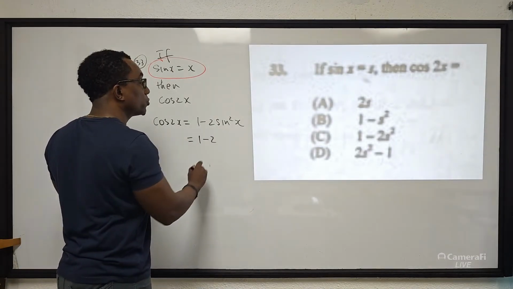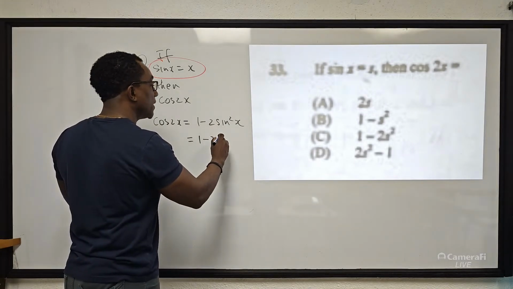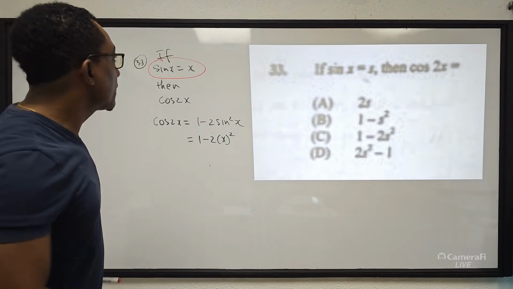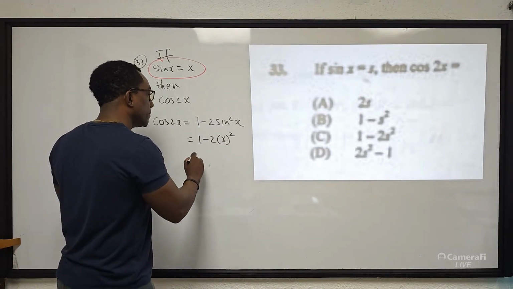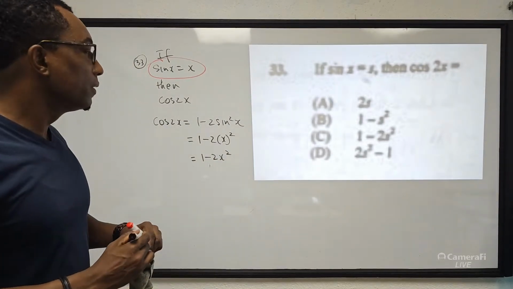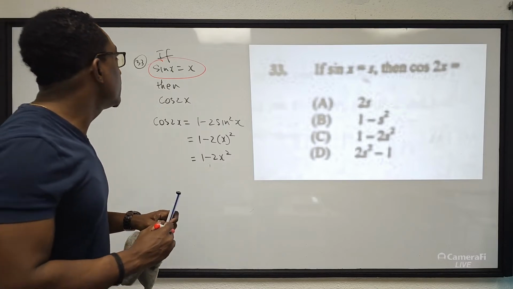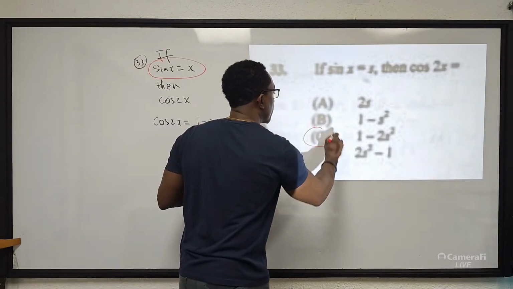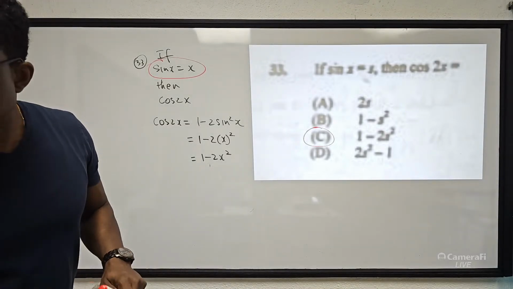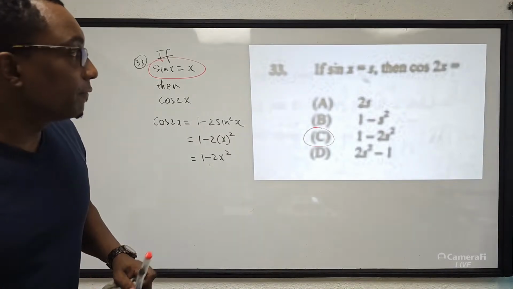This is 1 minus 2, and sine squared x is really the same as x in brackets squared. So this becomes 1 minus 2 x squared. So 33 is C. Let's move on now to 34.